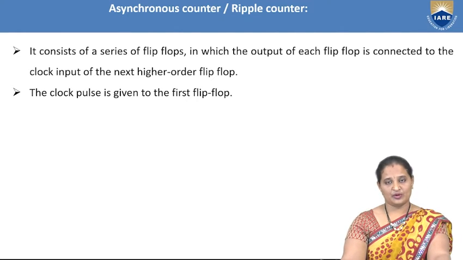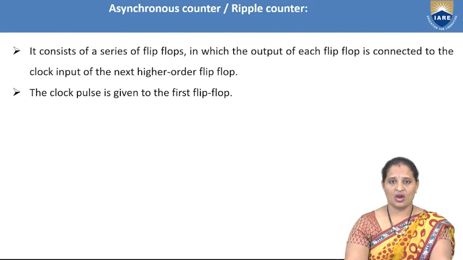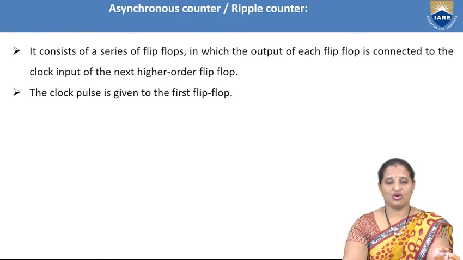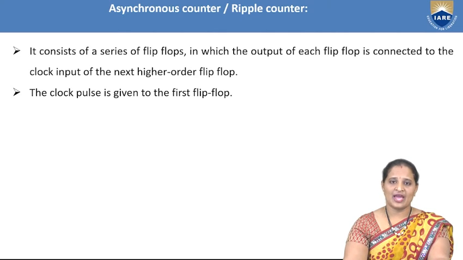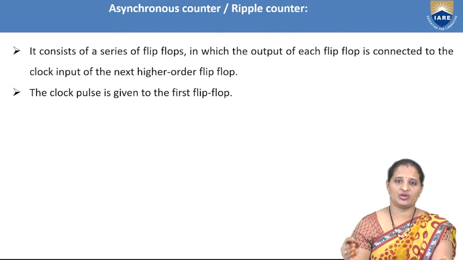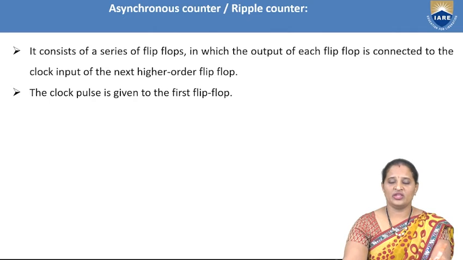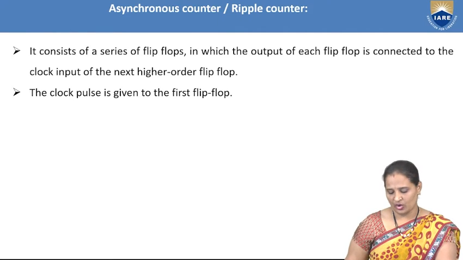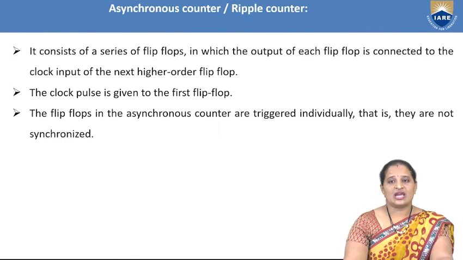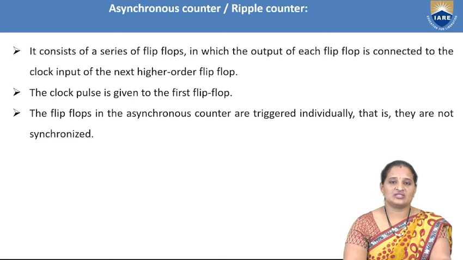The output of one flip-flop is given as the clock input to the next flip-flop, and in a similar fashion this is continued for all the other flip-flops. Only the first flip-flop is applied with the clock signal whose pulses are to be counted. This type of counter is called an asynchronous counter.